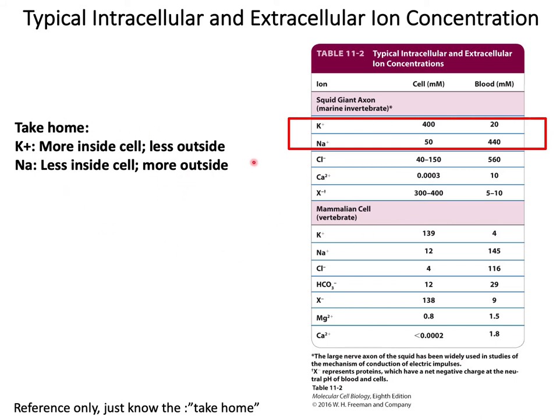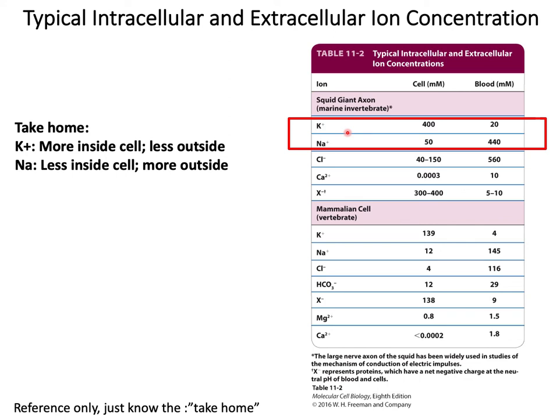Just remember that the potassium concentration is much higher in the cytosol compared to the outside, about 20-40 times more than the extracellular fluid or the blood. In contrast, the sodium ion concentration is about 8 to 12 times lower in the cytosol than the extracellular fluid or the blood.